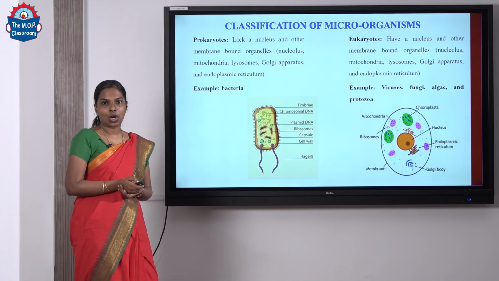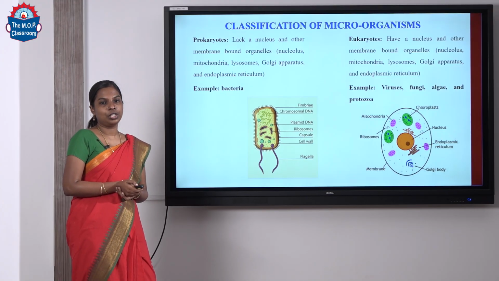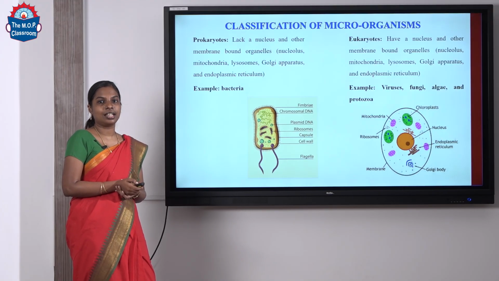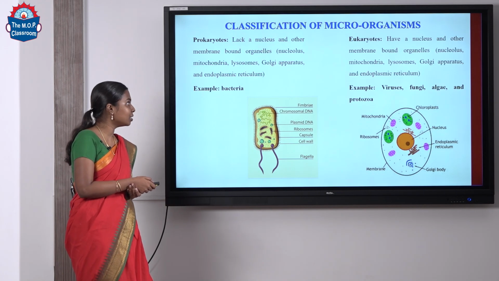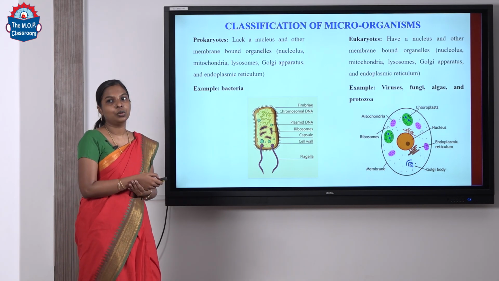The different microorganisms that exist in the universe can broadly be categorized into two different classes. The first one is called prokaryotes and the second one is called eukaryotes.